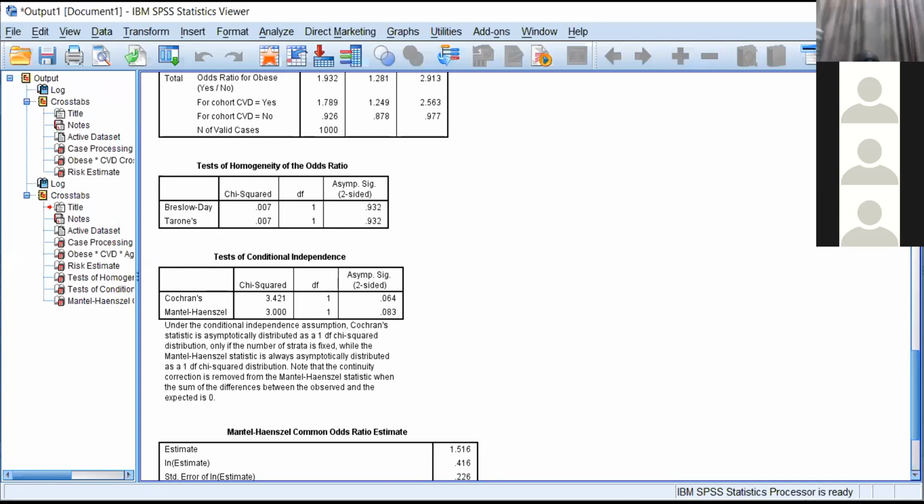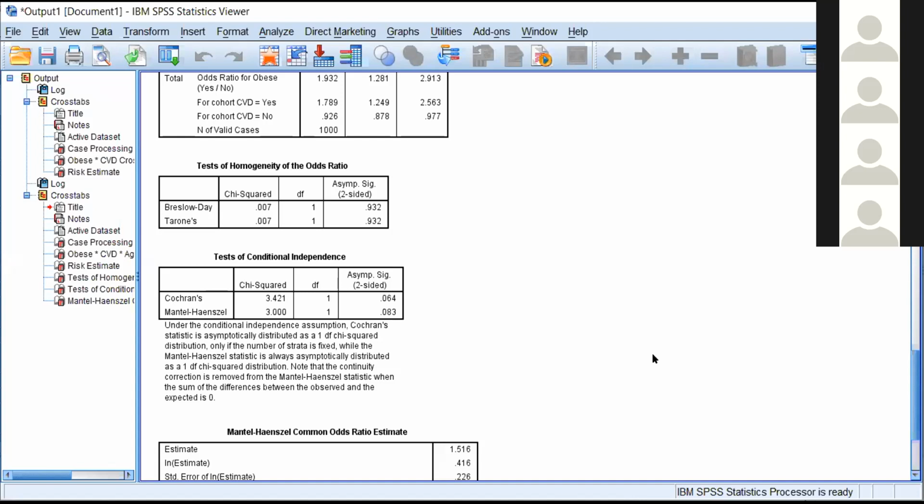It's not significant, because if you look at the p-value, it is 0.932. So it shows that it's homogeneous. What it's telling you is that 1.48 and 1.54 are the same. The values are close, so it's the same.